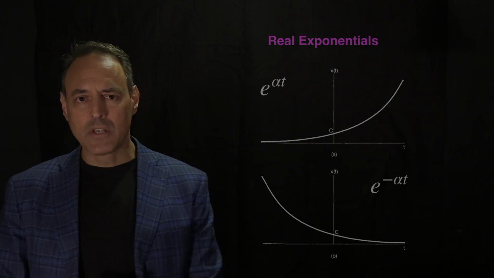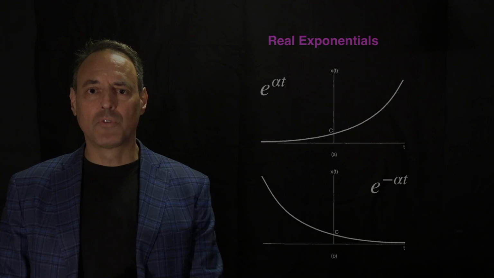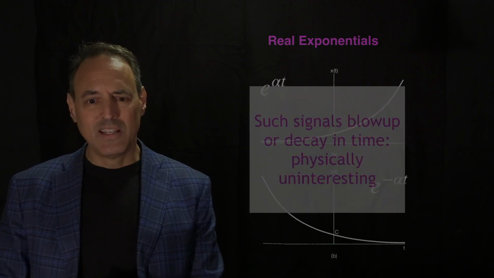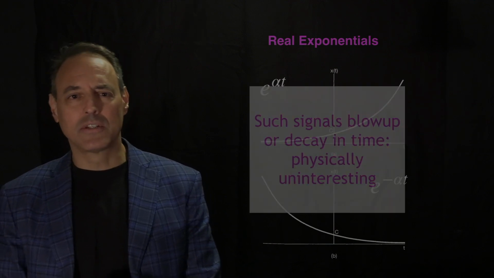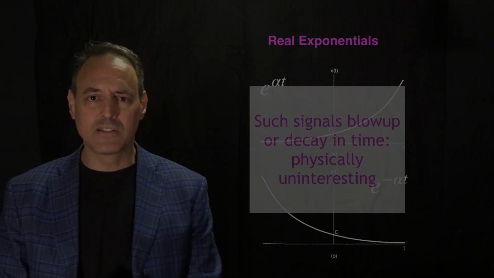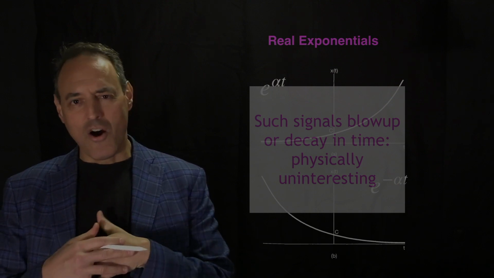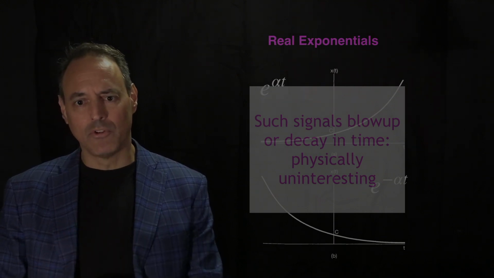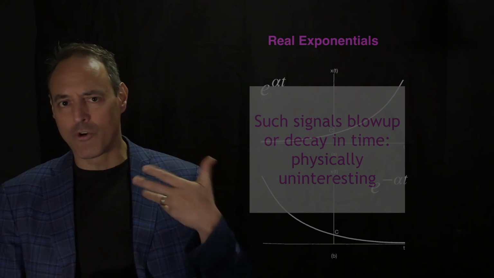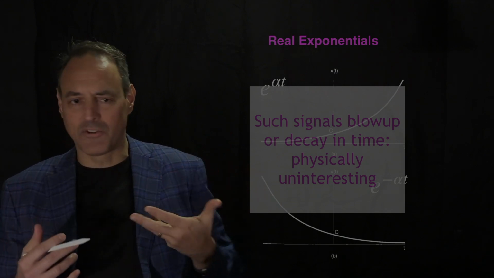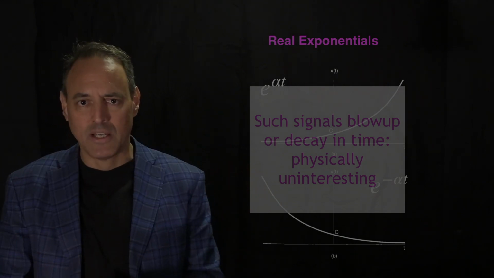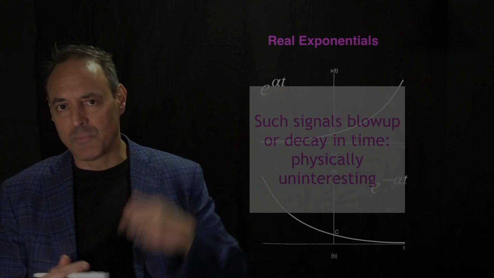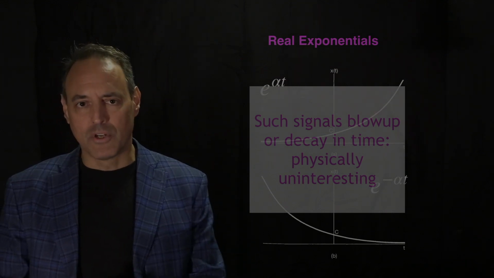When we think about these in the signal processing context, these are signals we're not going to consider very much, because such signals either go to infinity or go to zero. If I want to process a signal that goes to zero, there's nothing to process. Or if it blows up to infinity, it just becomes infinite, also nothing to process.